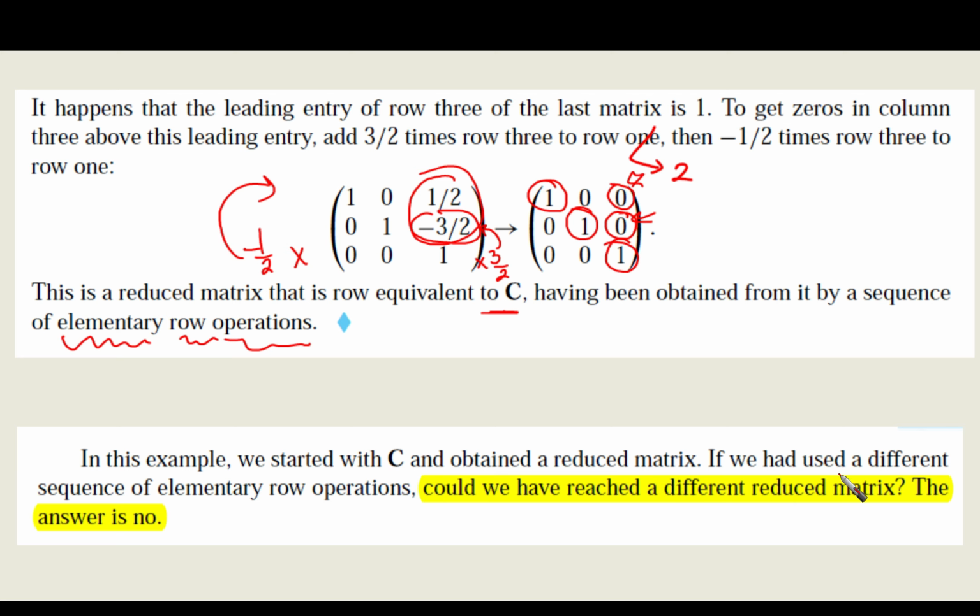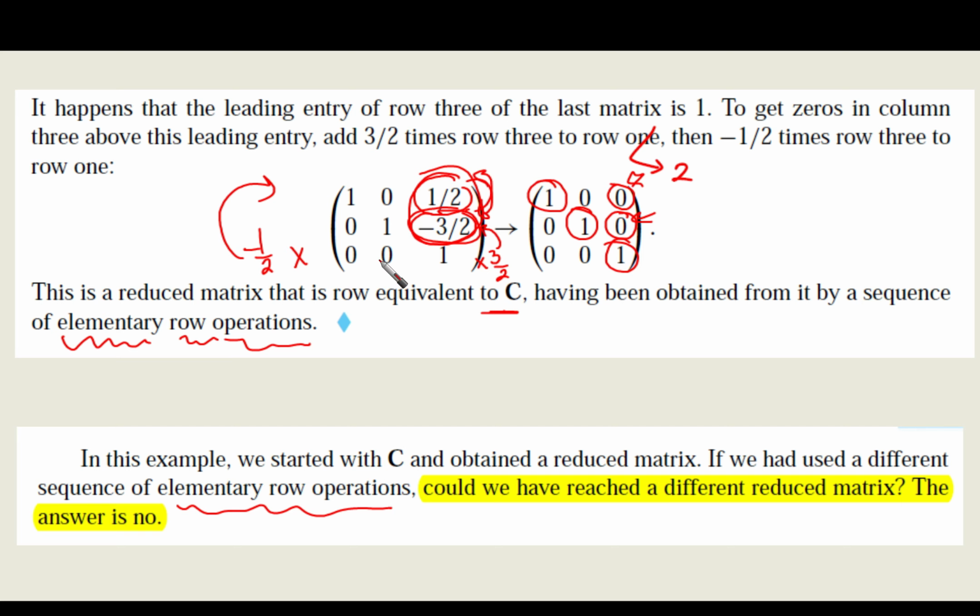If we had used a different sequence of elementary row operations, what is the meaning of a different sequence? It means that instead of starting with this row, we can start with this row, or instead of making this element 0, we can start with this to be 0, or vice versa. That's the meaning of another sequence.